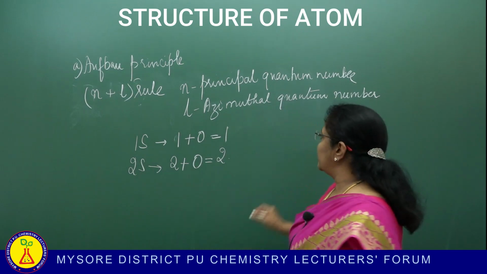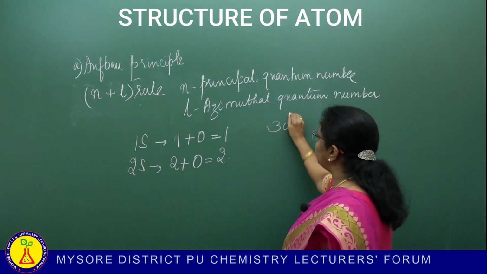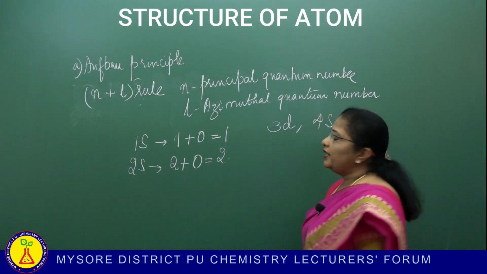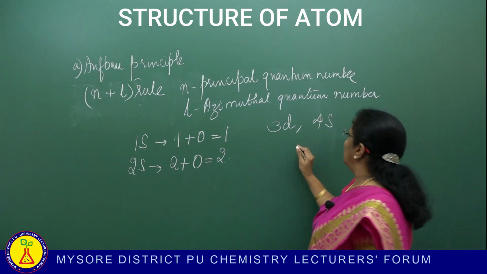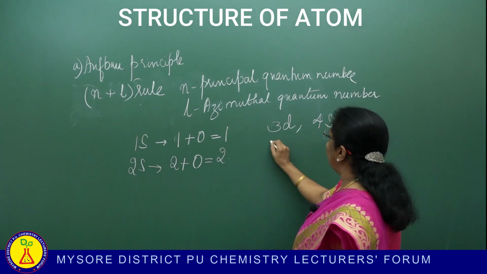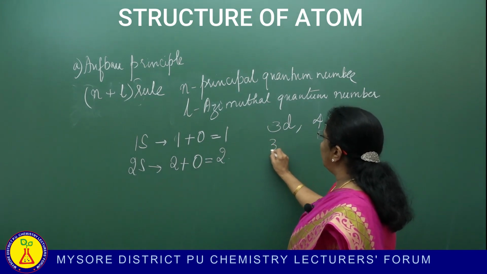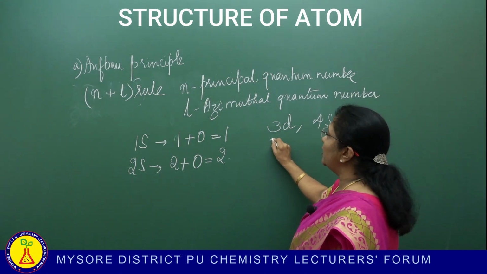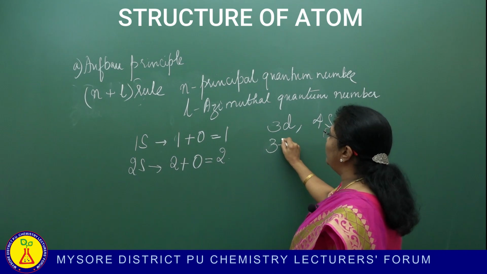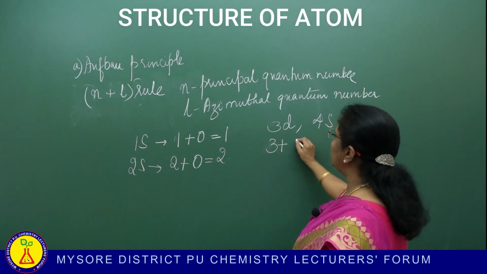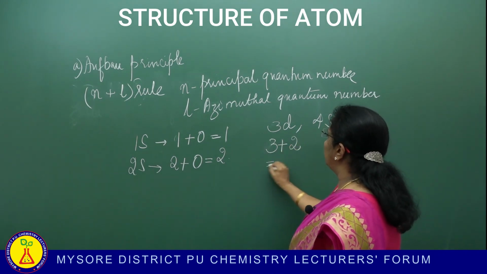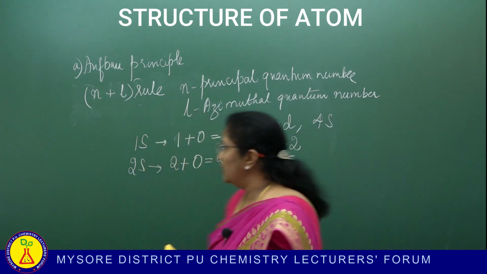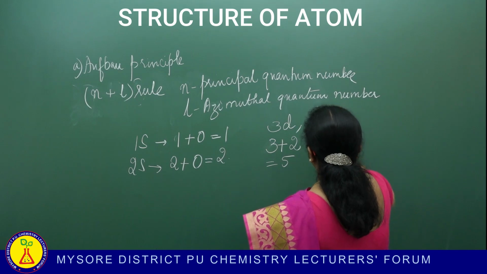Suppose we take this example, 3d and 4s. Here, for 3d, n is equal to 3 and L is equal to 2, so n plus L is equal to 5. Okay, sorry, here instead of 4s, let us take 4p.